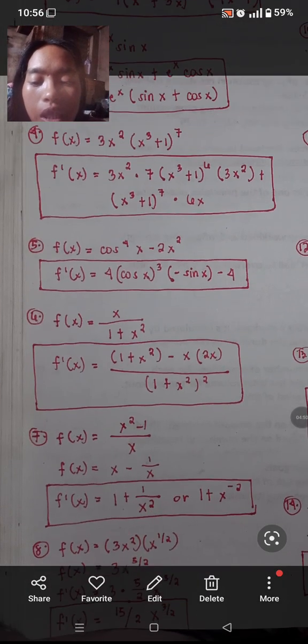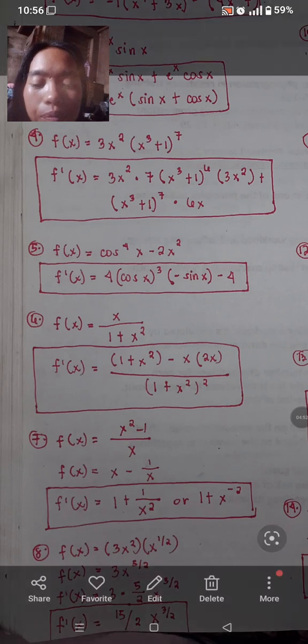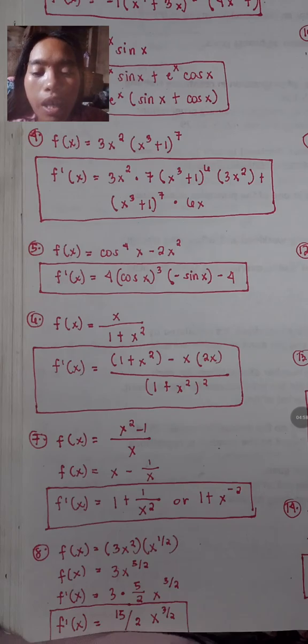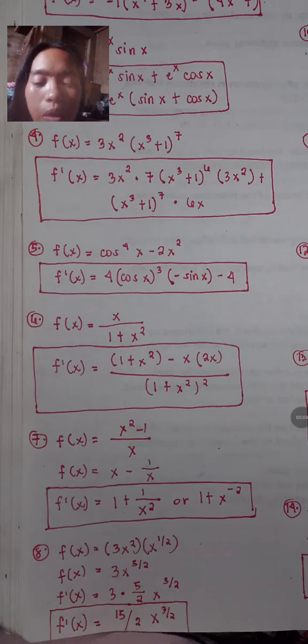So now let's have number 7, f of x is equal to x squared minus 1 over x. So f of x is equal to x minus 1 over x, so the derivative of that is 1 plus 1 over x squared, or 1 plus x to the power of negative 2.